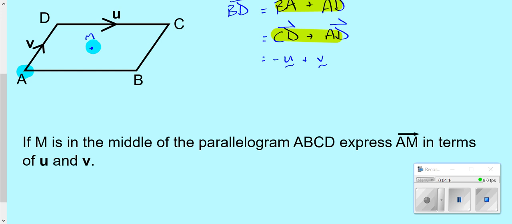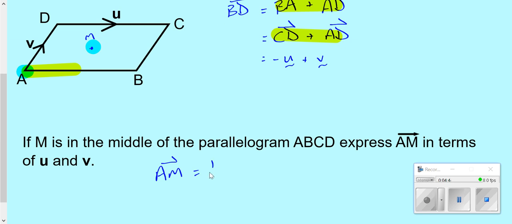This is one where you're going to have to use your imagination a little bit, because we can go off the lines. So this journey here, A to M. If it's the midpoint, so if it's halfway along, what I want to do is travel halfway along this line A to B, first of all.